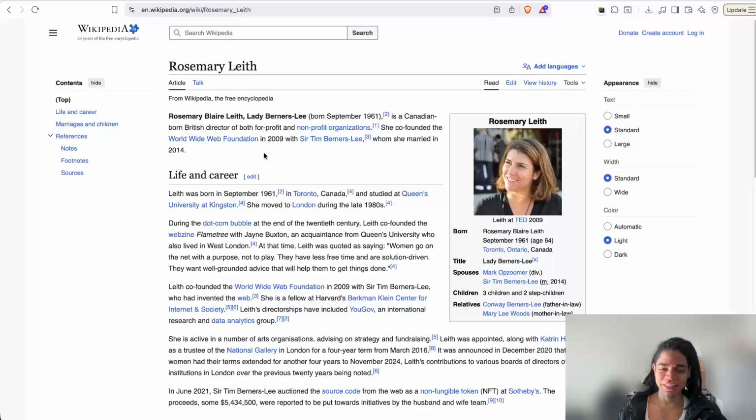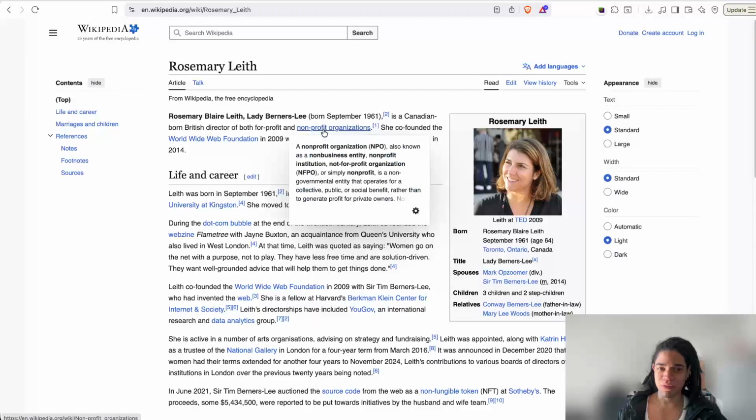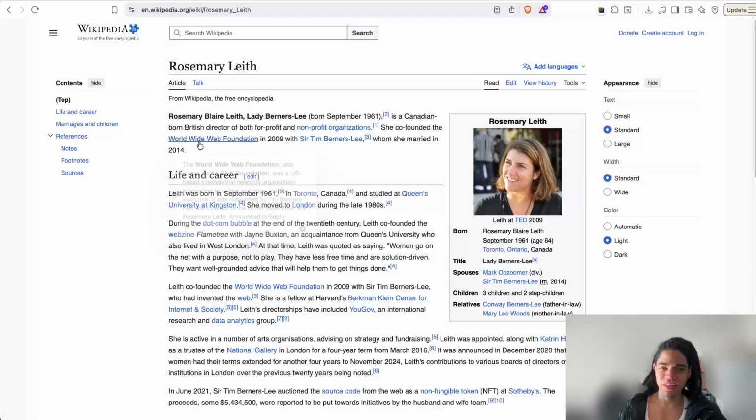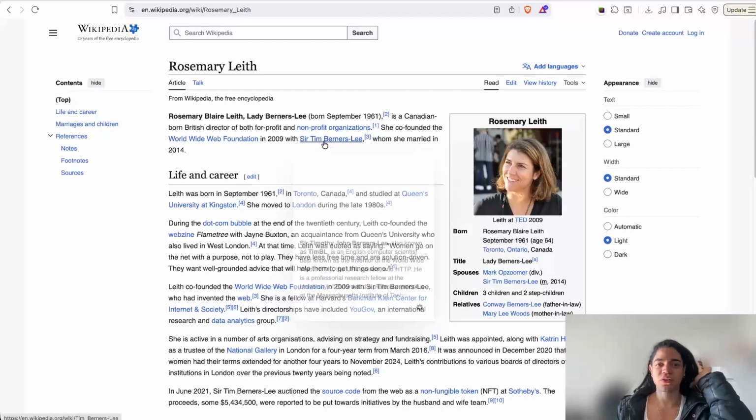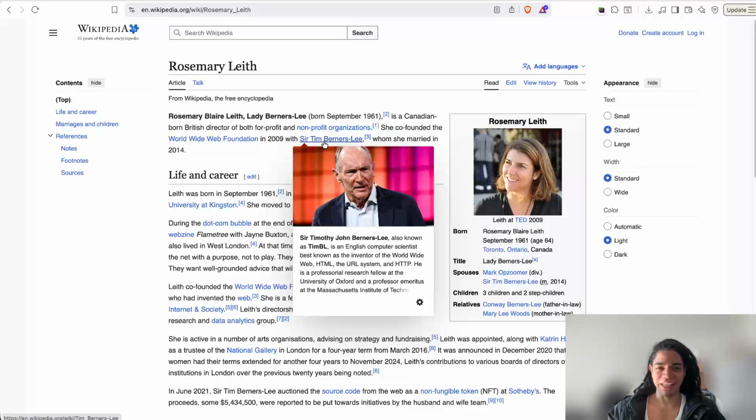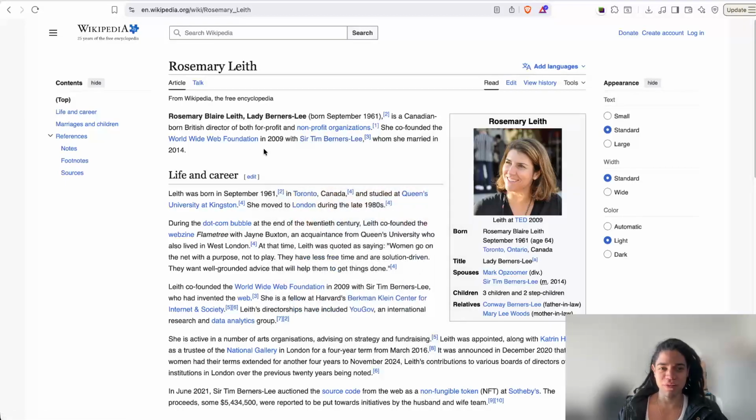Lady Berners-Lee is a Canadian-born British director of both for-profit and non-profit orgs. She co-founded the World Wide Web Foundation in 2009. Holy moly! With Sir Tim Berners-Lee, whom she married in 2014.